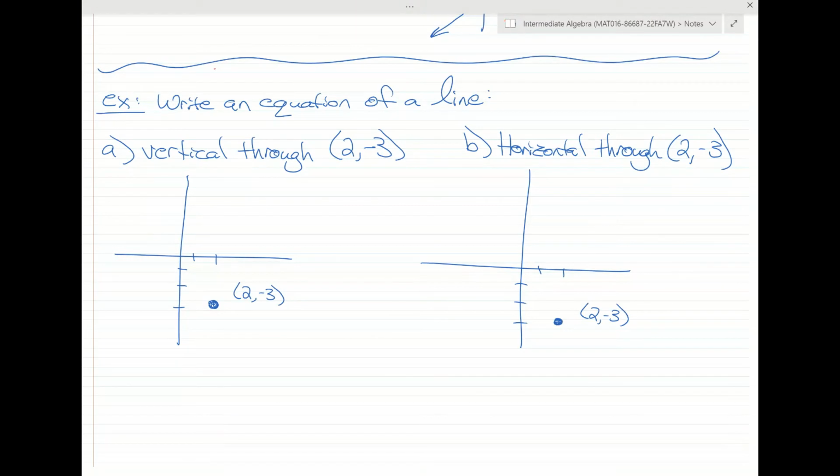So vertical means this. And horizontal means this.